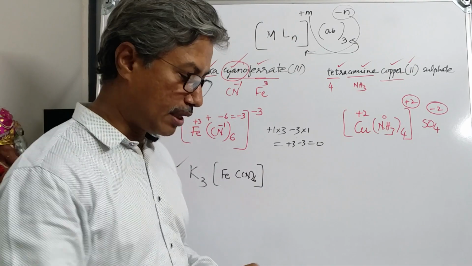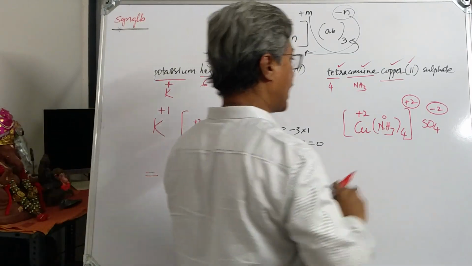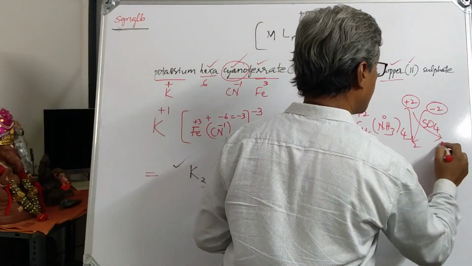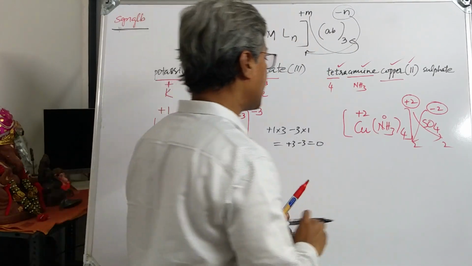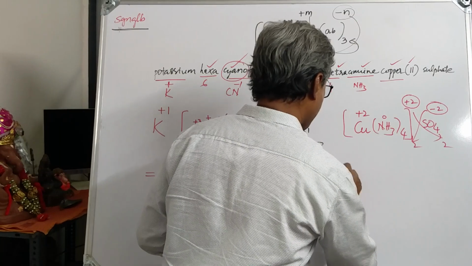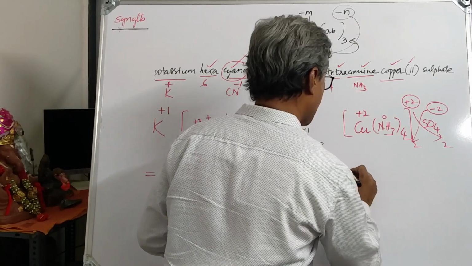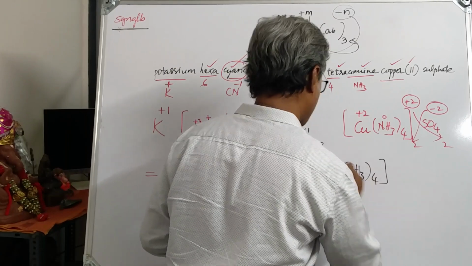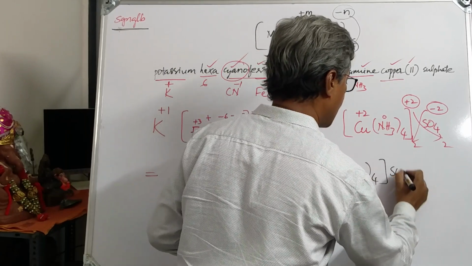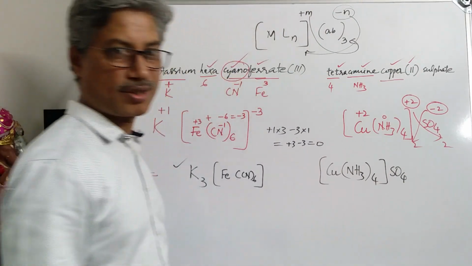Yes, they are equal. So even if you write 2 and 2, the 2 will cancel out because it is a common factor. Therefore, the resultant formula is [Cu(NH3)4]SO4.